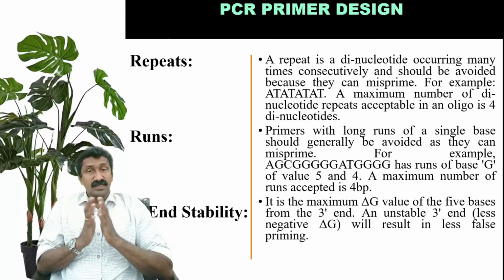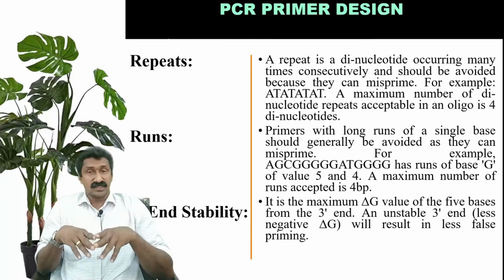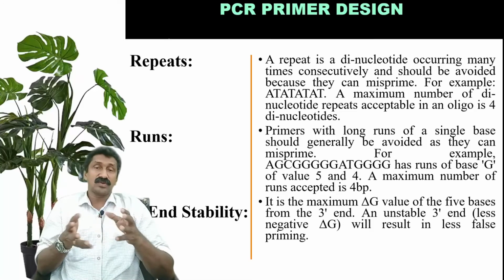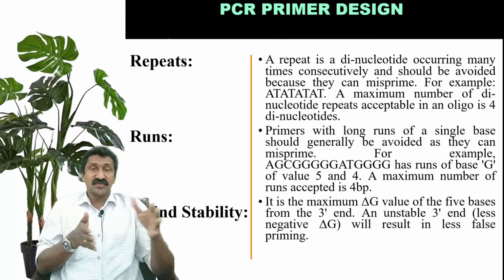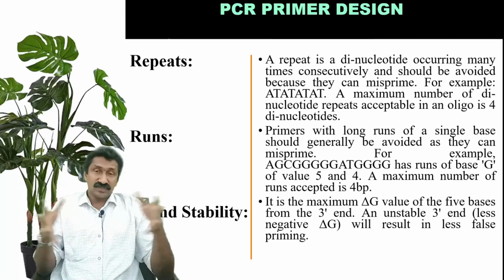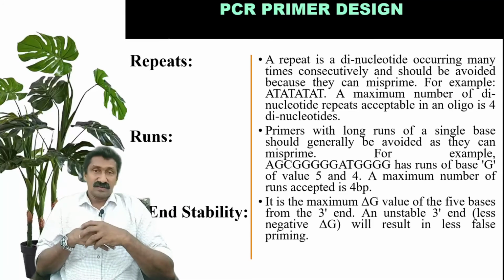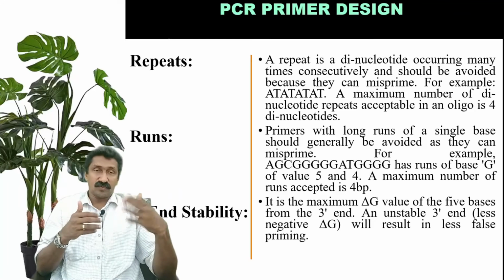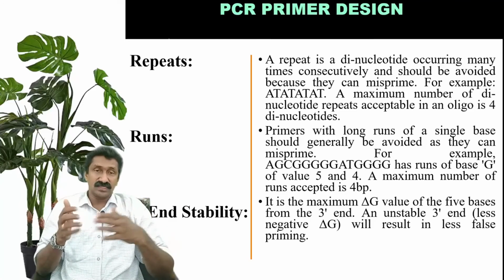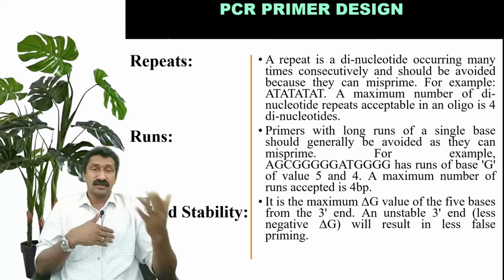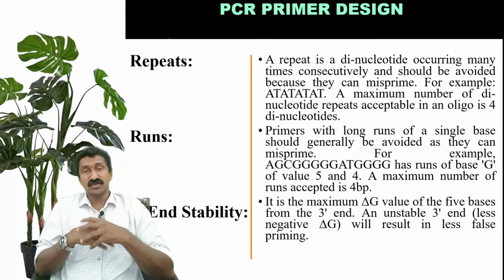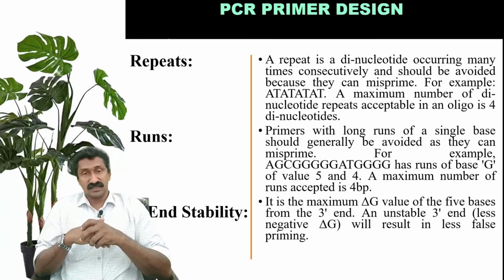Then another one is runs. That is, primers with long runs of single bases should generally be avoided, as they can also misprime. For example, A, G, C, then a stretch of G's, or A, T, G, G, G, G, G. So if such a run of single bases, maybe four or five Gs or Cs, were there in the primer, that also results in mispriming by misalignment of the concerned sequences with the template.